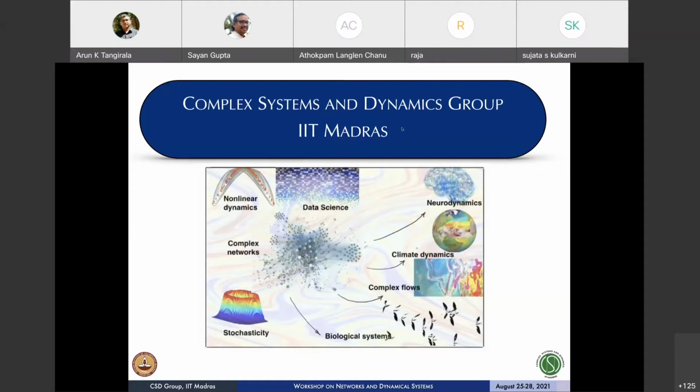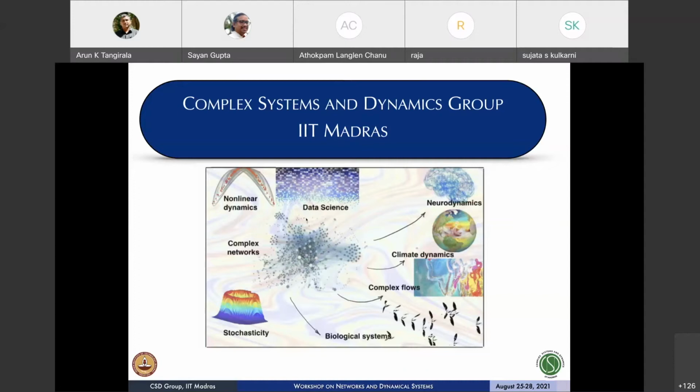So the agenda for this very short presentation is to give you a quick overview of the complex systems and dynamics group that has been recently launched at IIT Madras, but its existence, of course, goes back a few years before. So this schematic essentially gives you the different fields that more or less Shayan touched upon in his presentation.